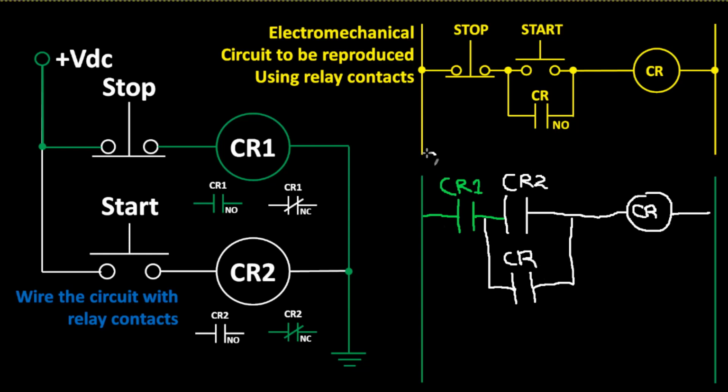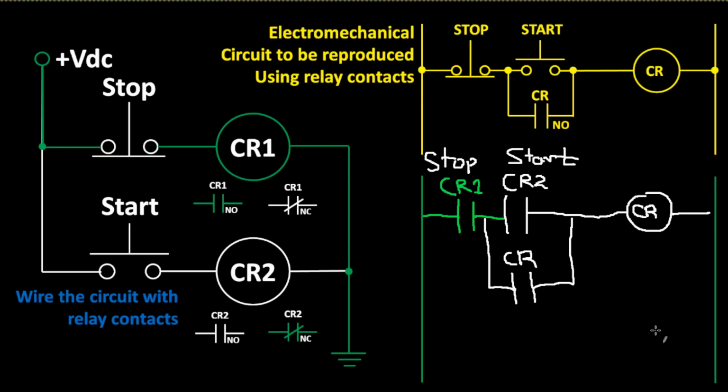So right now, this is my stop switch, or my stop contacts, and this is my start contacts. Now when I press the start push button, CR2 will energize.